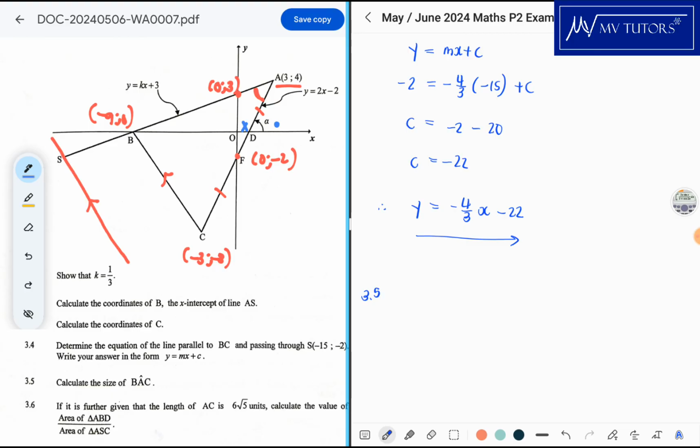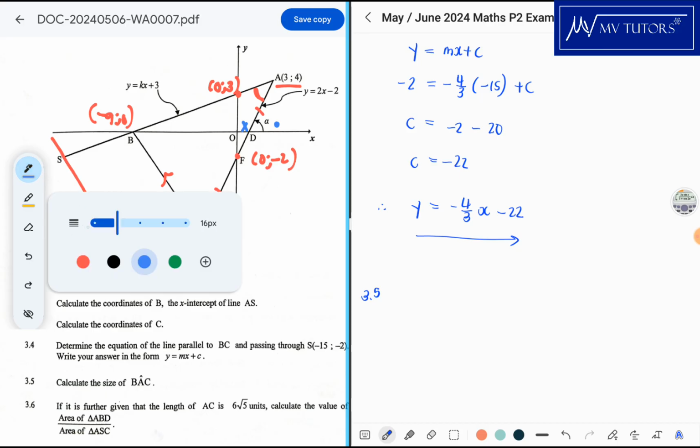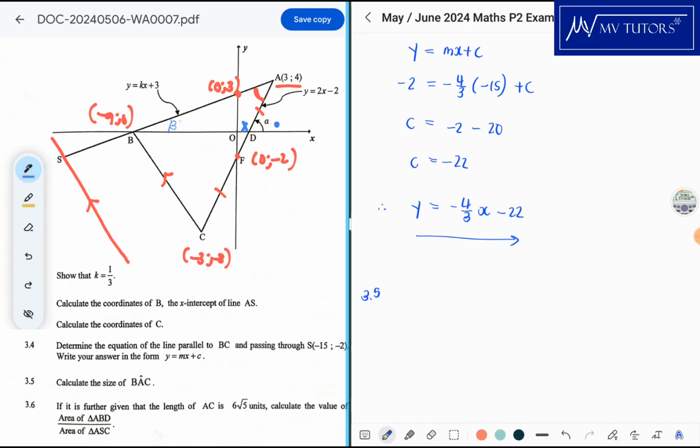And if I can also get this value over here, I'll call it beta, then I can work out using the sum of angles in a triangle. So yes, let's get alpha first.